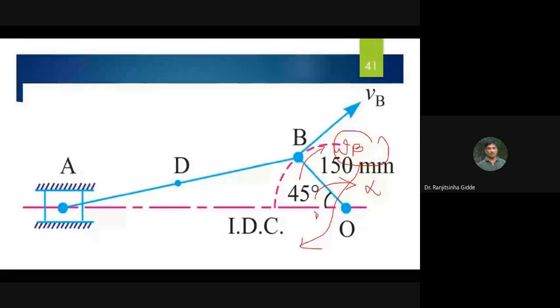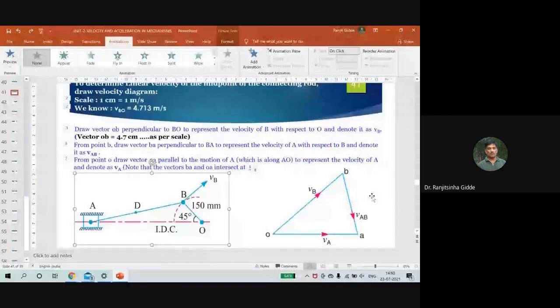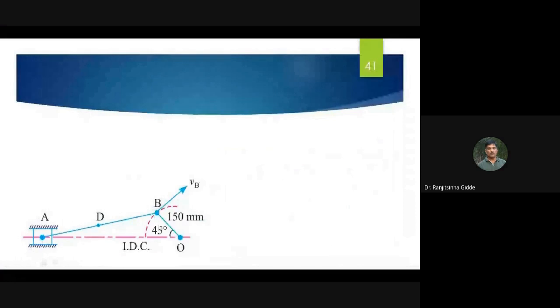Rate of change of angular velocity is nothing but the acceleration. If such an alpha is given, then for this OB link there will be two components. One is tangential component and one is radial component. So based on this, there will be two components.